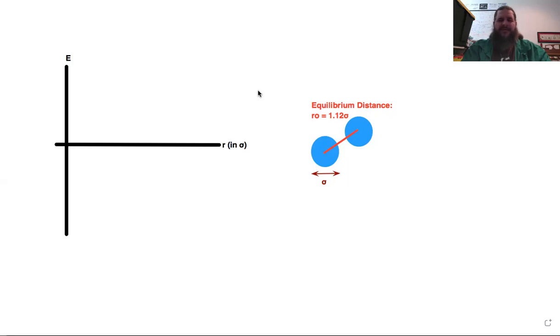Yeah, equilibrium is the lowest potential energy. Formally, equilibrium is the location where the forces balance out. That is where force is 0. There might be attraction and repulsion, but they balance out when the particles are this far apart. And how does force relate to the potential energy graph?